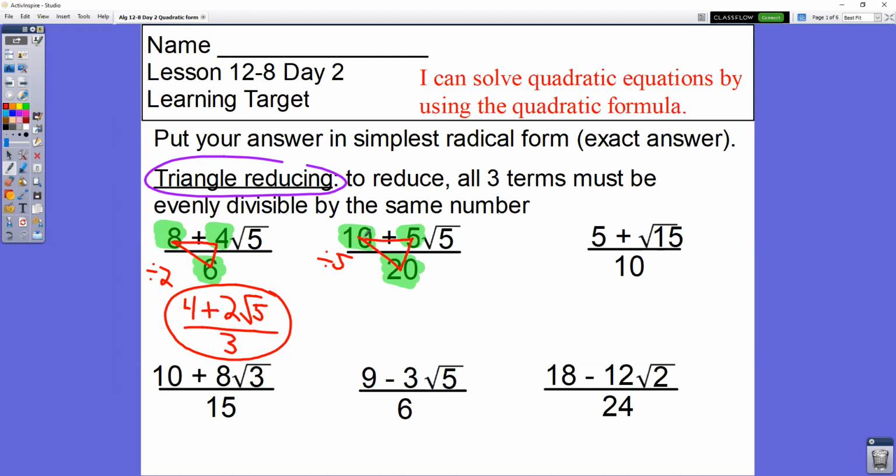So 10 divided by 5 is 2. 5 divided by 5 is 1. That radical 5 stays there. And then 20 divided by 5 is 4. So that reduces to 2 plus 1 radical 5. Technically, you don't need that 1 out in front. It could just be 2 plus radical 5 over 4.